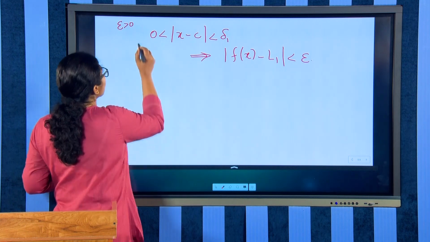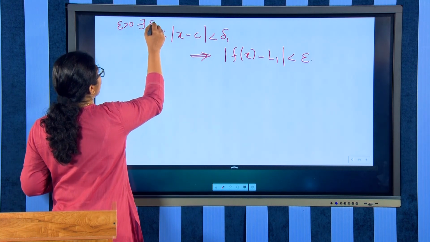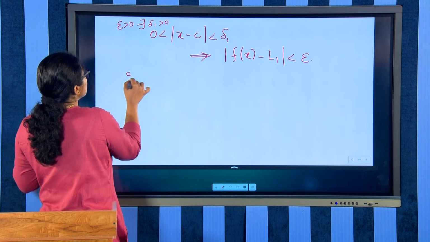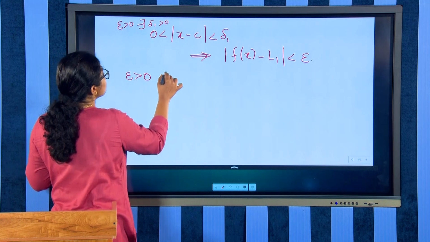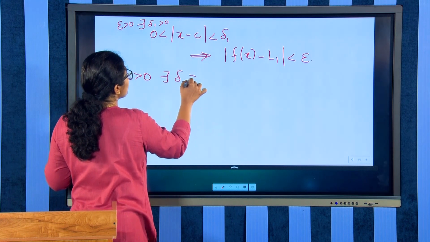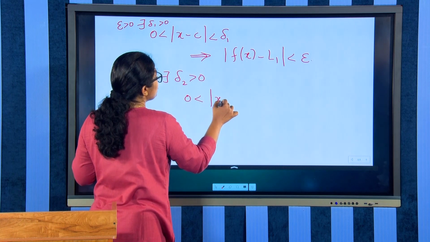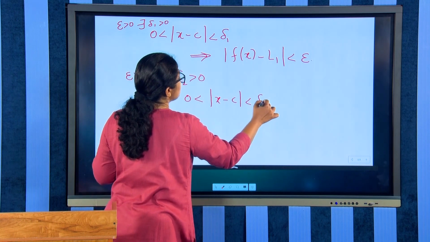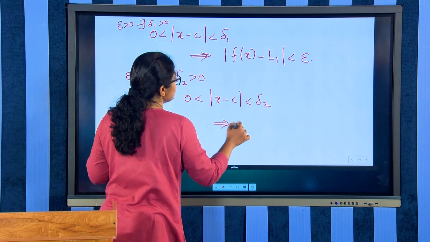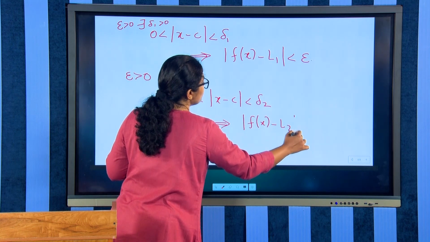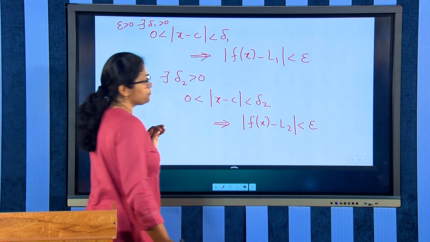Also we have, so there exists a delta 1 greater than 0 such that, I am not writing the full details. Also given epsilon greater than 0, there exists a delta 2 greater than 0 such that 0 less than modulus of x minus c less than delta 2 implies modulus of f of x minus L2 is less than epsilon.